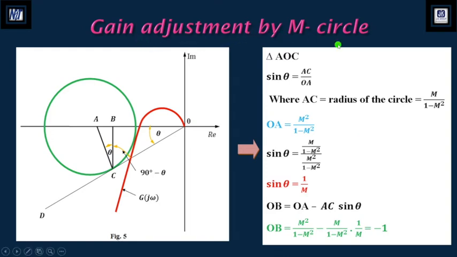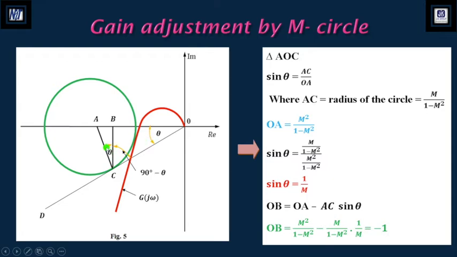Gain adjustment by M circle. Consider a triangle AOC. Then sin theta, this angle theta, is equal to AC by OA. This total angle is 90 and this angle is 90 minus theta.